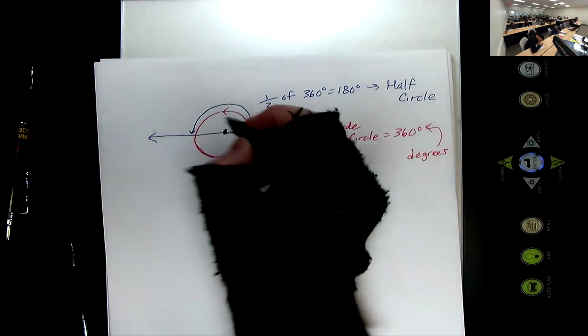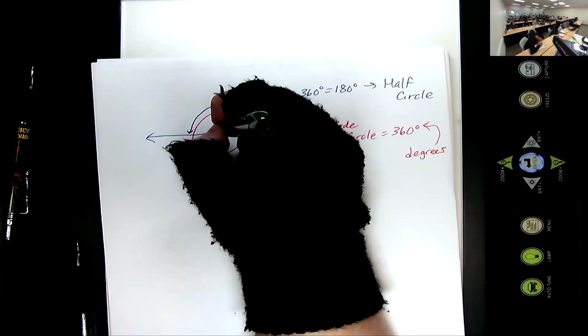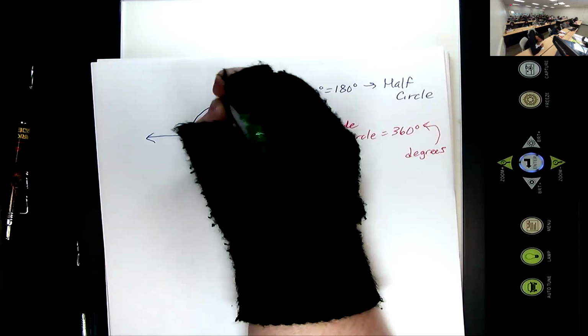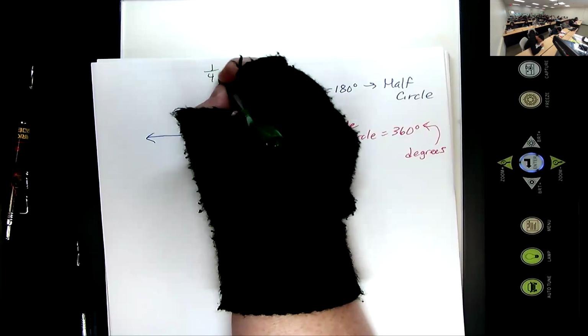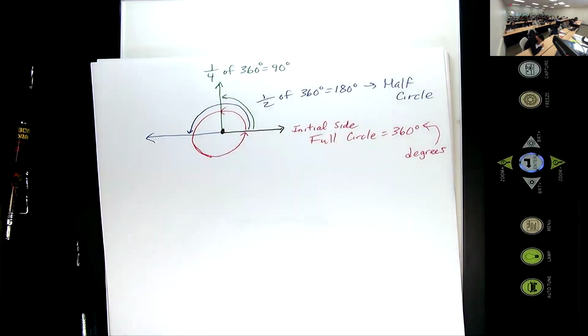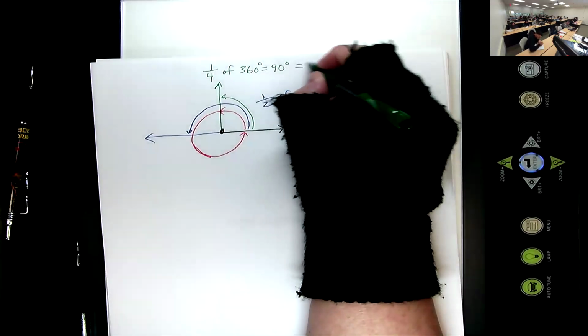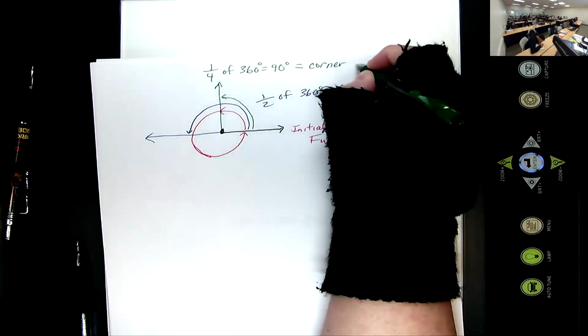And if I only went a quarter of a circle and stopped there, pointing straight up, a quarter of 360 is 90 degrees. So 90 degrees is like the corner of a square, a corner of a rectangle.